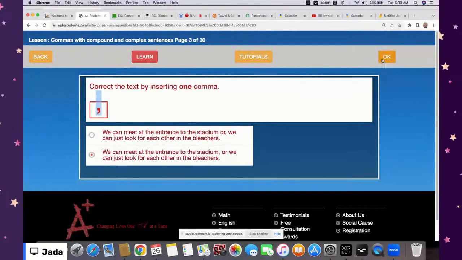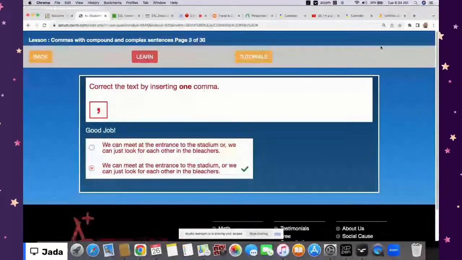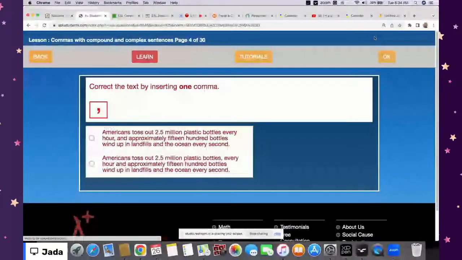So this is gonna be the answer. Okay, so I hope that you guys understand this lesson that has to do with commas with compound and complex sentences. Okay, so we will move on to the next lesson.